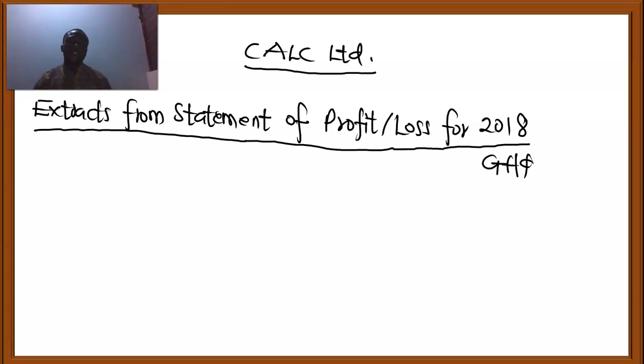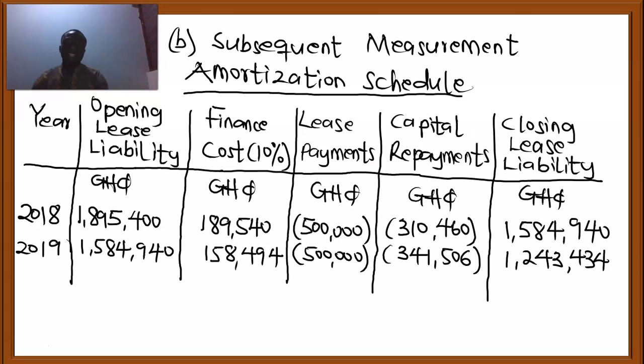We are going to recognize finance cost. So that is an expense. So we indicate it is a debit. When we go back to the amortization schedule, we realize that the finance cost for 2018 is 189,540.